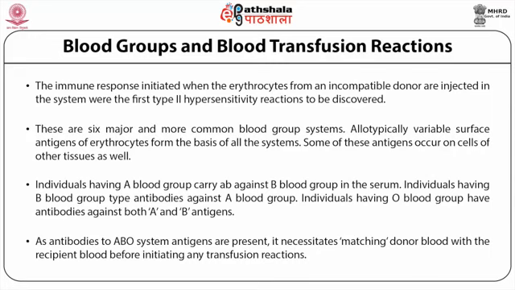However, responses involving erythrocytes are more severe. In this slide, other than the ABO blood group, the Kell system, the Duffy system, MN system and Lutheran system are also described, along with their corresponding gene loci and the antigens which define these blood groups.